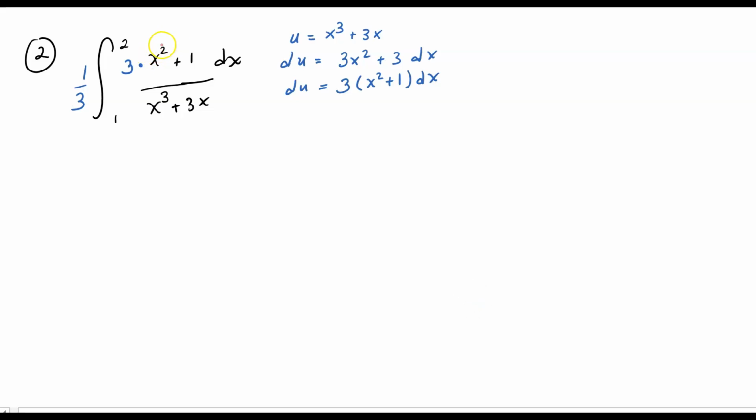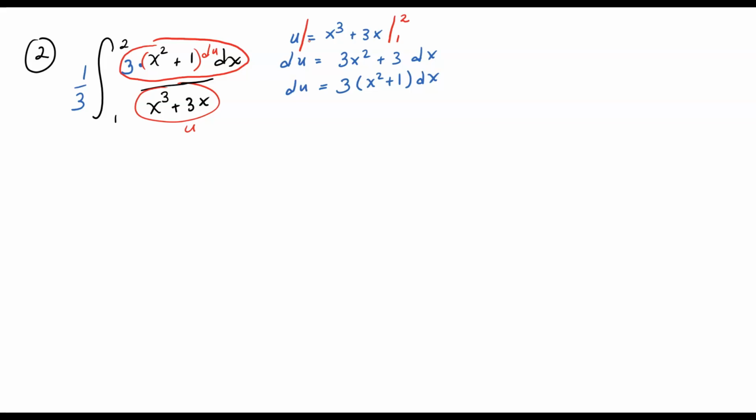Now let's see what we've got. We've got here our du. We've got our u. Now I'm going to adjust my limits of integration. Where x cubed plus 3x was going from 1 to 2, all I need to do is plug in the 1 and the 2 into my u, and I'll have my new limits.